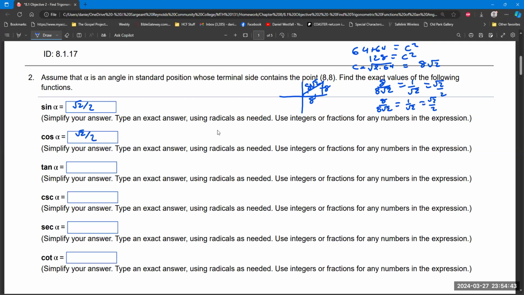Tangent is 8 over 8, which is 1. Then cosecant is the reciprocal of sine, so the reciprocal of 1 over root 2 is root 2 over 1, or root 2. Secant is the reciprocal of cosine, also root 2. And cotangent is the reciprocal of tangent, the reciprocal of 1 is 1.